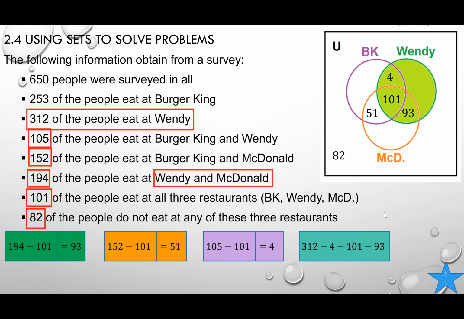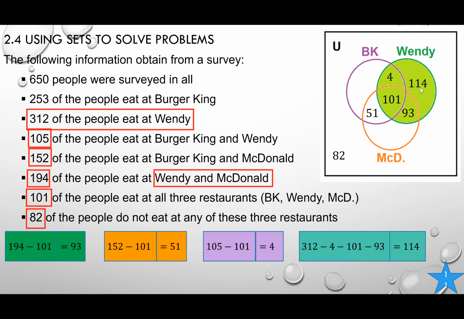Now you have to ask yourself, how many have you accounted for in that green circle? In this case, I already counted 4, I already counted 101, and I already counted 93. So you take 312 minus 198, and everybody sees that there are 114 people outside.